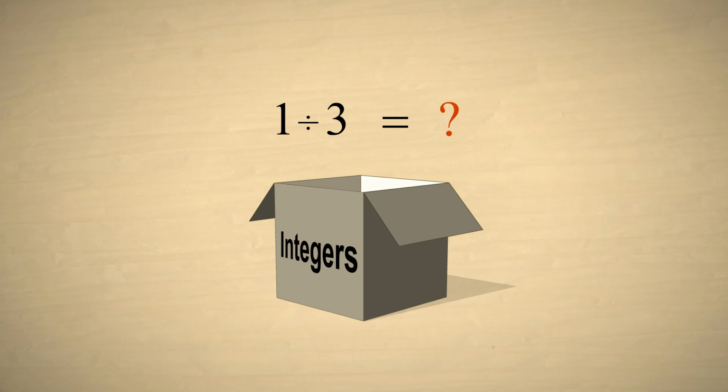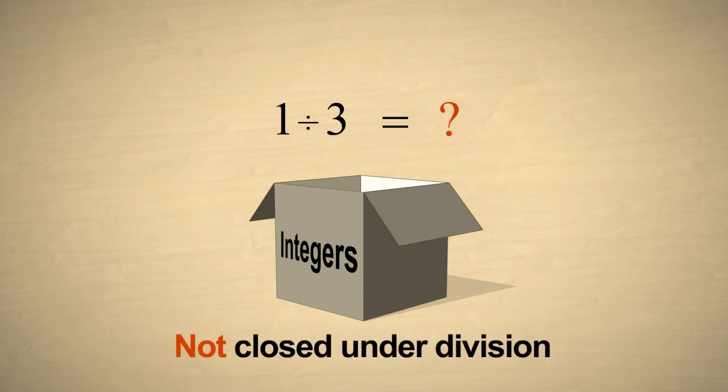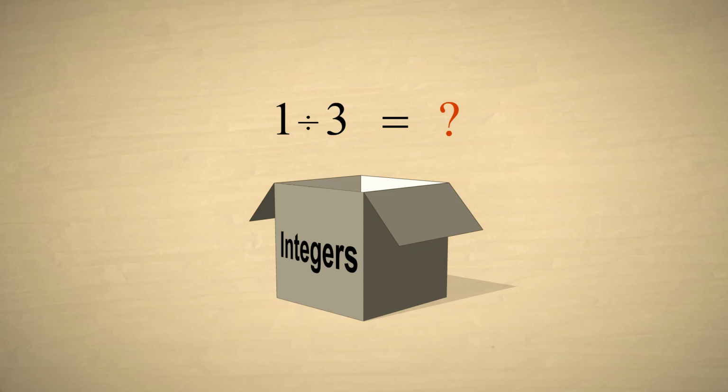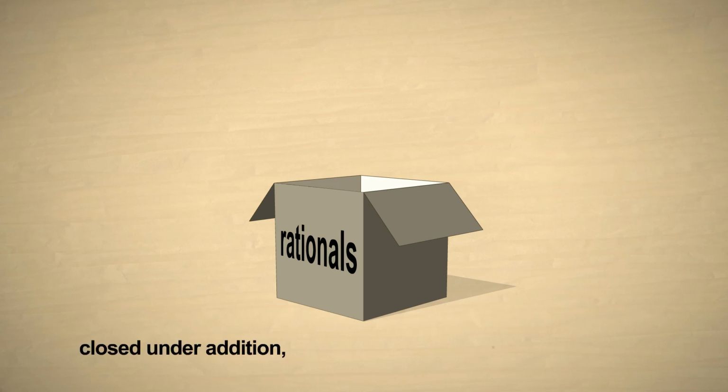Therefore, the integers are not closed under the operation of division. To represent the result of division operations, we will have to expand our number system to include fractions. This collection of integers and fractions is called the rational numbers. Rational numbers are closed under addition, subtraction, multiplication, and division.